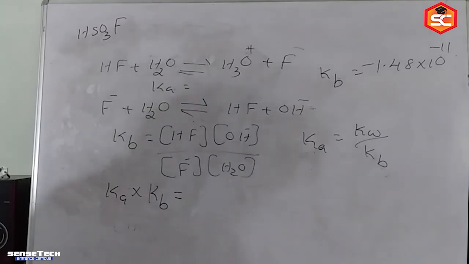Then you have to write these species in the order of their acidic strength. What is the order of their acidic strength? Actually, no pK value is given, but we can write it on the basis of their H plus ion donation tendency, their acidic strength.